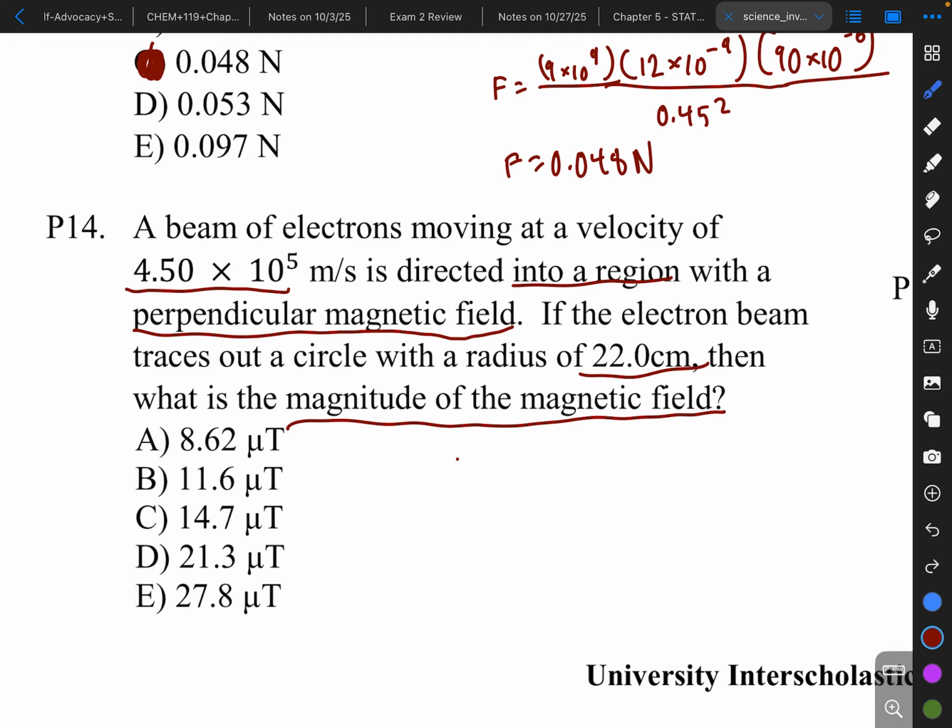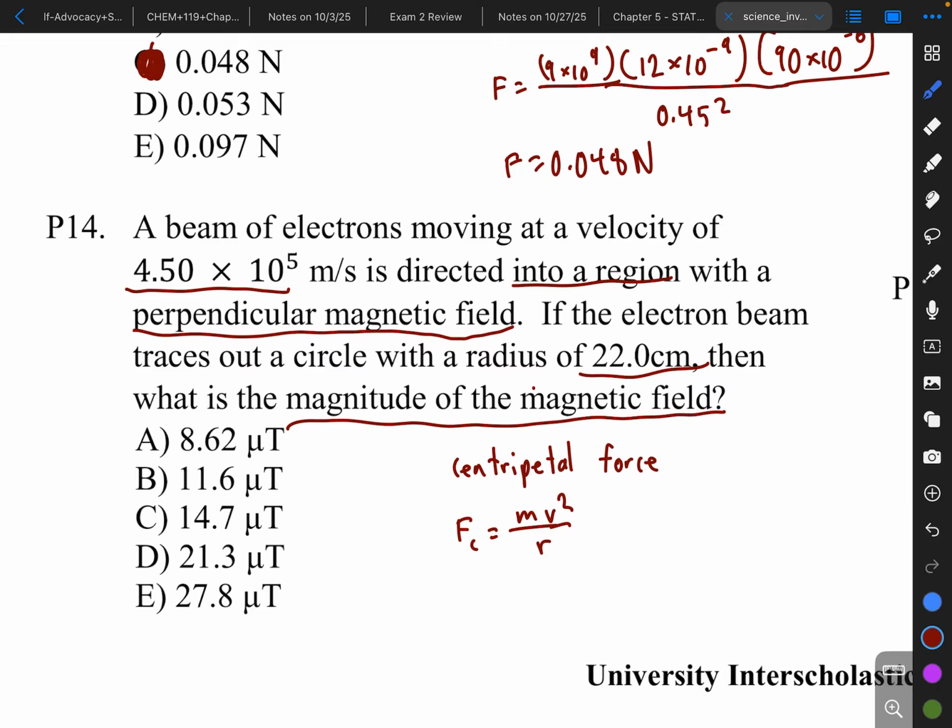And what kind of force is involved with objects moving in circular paths? Centripetal force. The formula for centripetal force is the mass times the velocity squared divided by the radius.